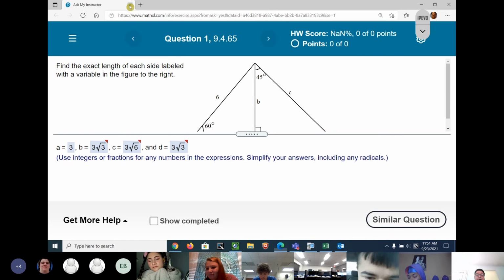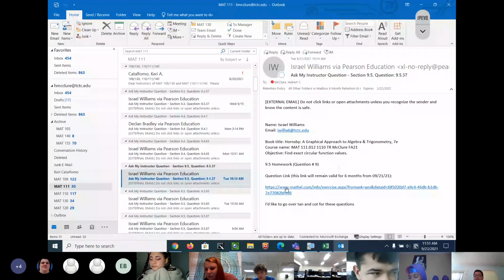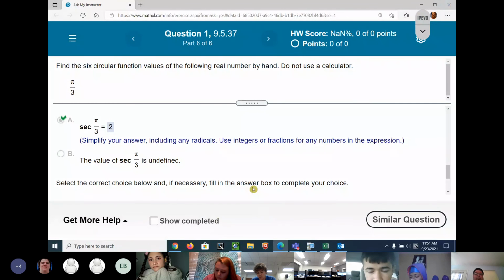This is 9.5, 15/9. I will tell you right now that most of the time I will restrict 9.5 material to just the angles of the unit circle.